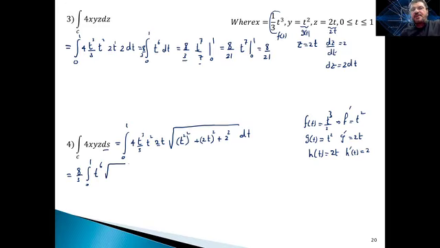Now let's look at the complicated thing inside. So this is t to the 4 plus 4t squared plus 4 dt. If you look carefully inside, what do we have here?